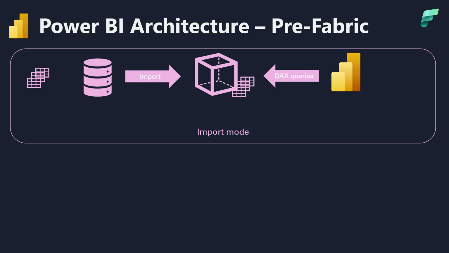Whenever you need fresh data in your semantic model, you need to go back to the data source and refresh the data stored in the analysis services instance. This approach has its greatest benefit in providing a blazing fast performance, because data is stored in memory. On the flip side, the most obvious downsides are data duplication, because you are basically creating a copy of the data from the data source, as well as data latency, since in order to have the latest data from the source available, you need to refresh the semantic model.